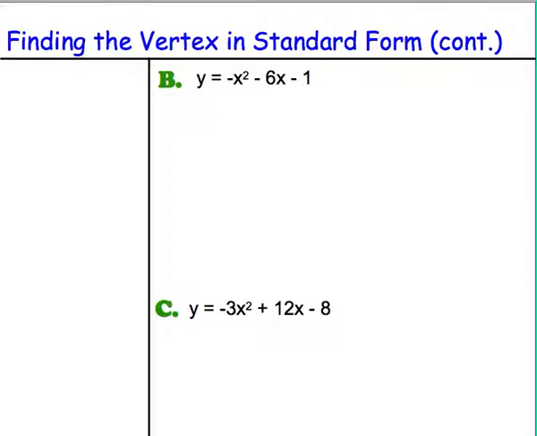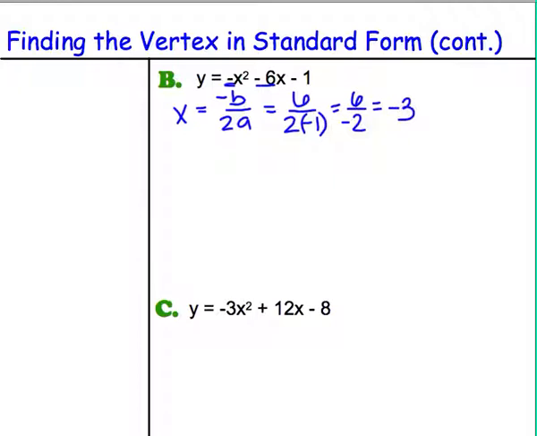Alright, so first thing we're going to do is find x equals the opposite of b over 2a, which in our case, b is negative 6, so we have 6 over 2 times negative 1, which is 6 divided by negative 2, which is negative 3. So therefore our axis of symmetry is x equals negative 3. We're going to put that back into the original equation, so we get y equals the opposite of negative 3 squared minus 6 times negative 3 minus 1.